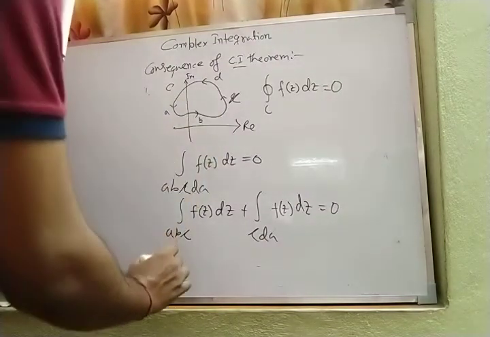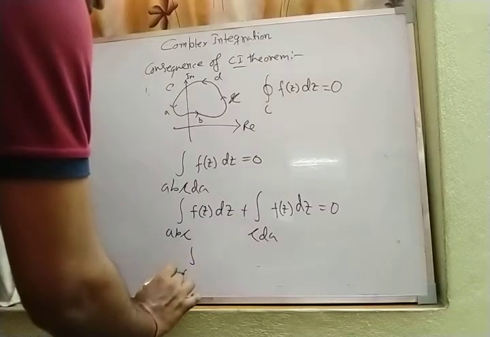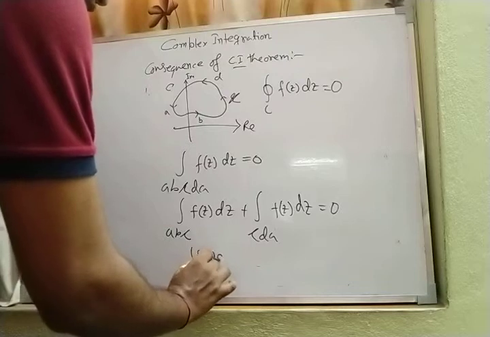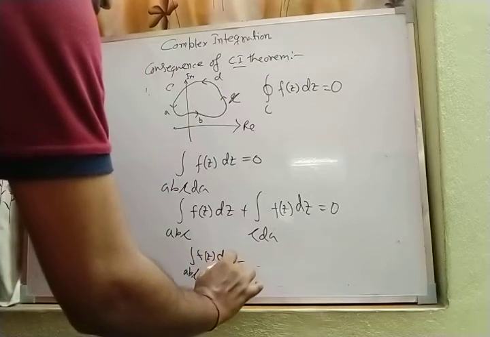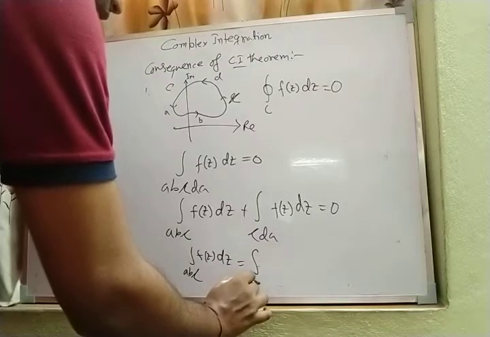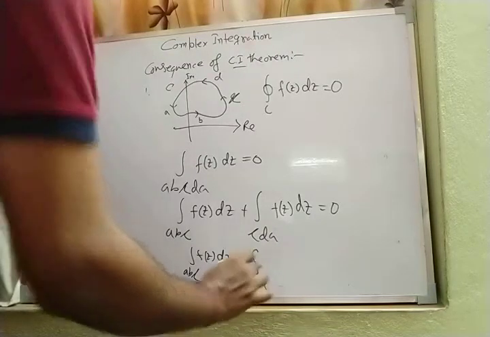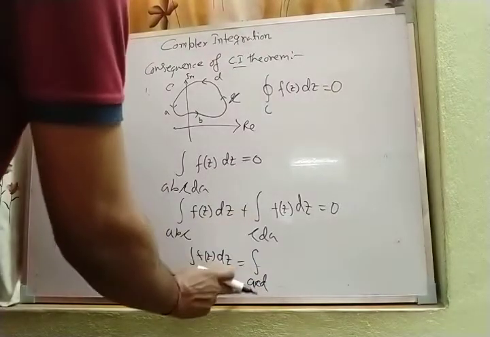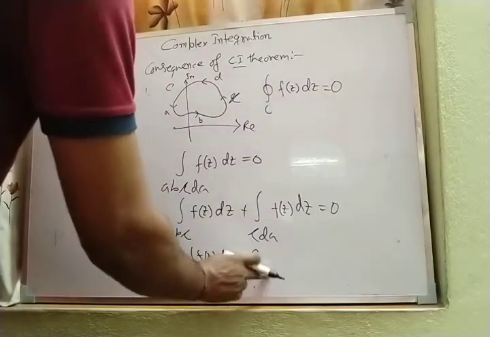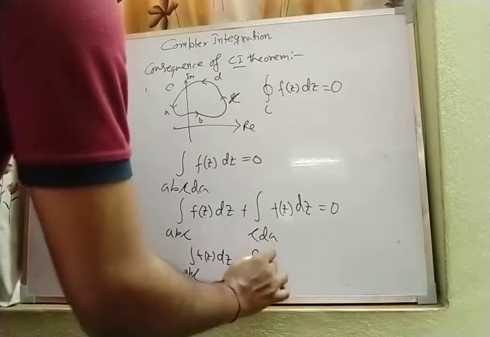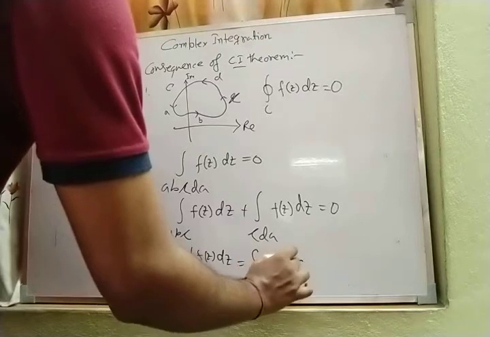We can write it further: integration over A B C of f of z dz equals integration over A D C, it should be negative, A D C of f of z dz.